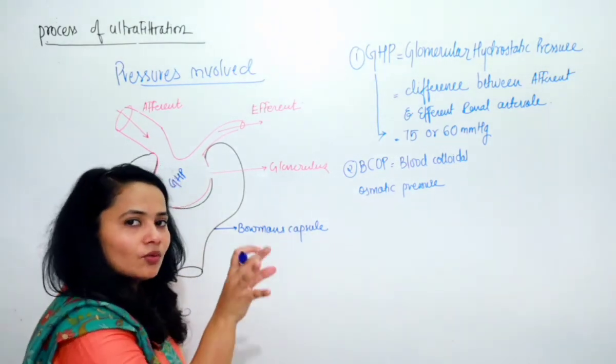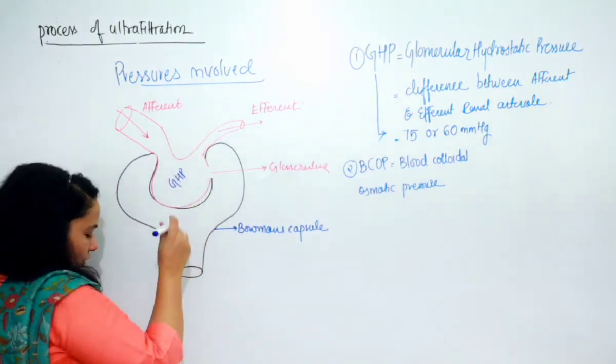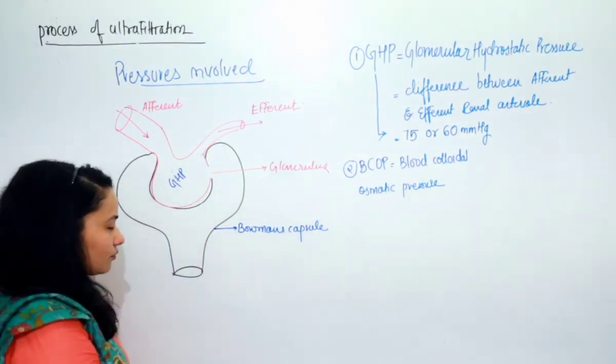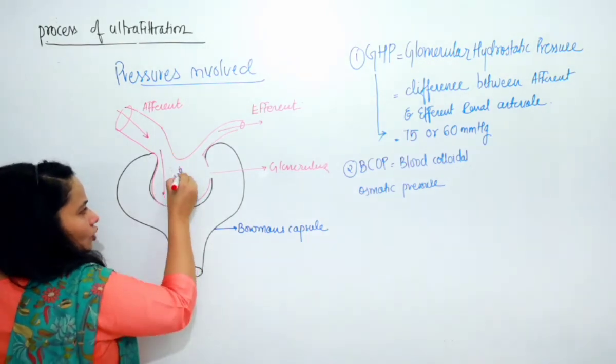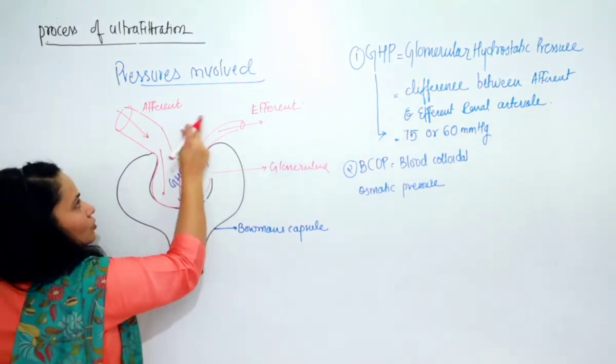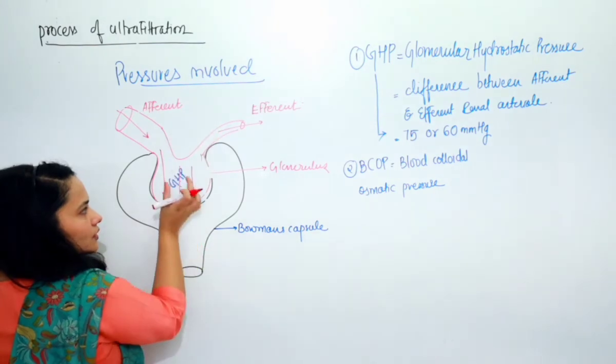So suppose that the blood is entering over here, and this difference is creating GHP.